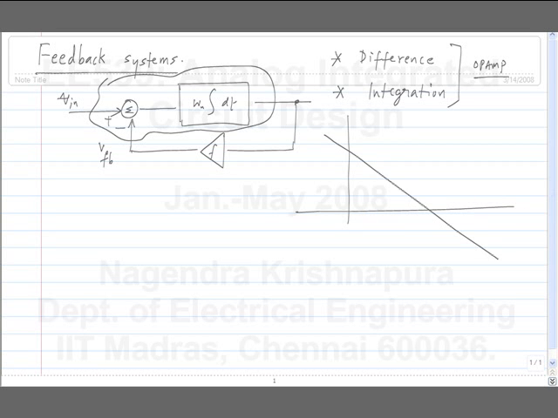So, ideally we would want the frequency response to be that of an ideal integrator. This is the frequency response between V in minus VSB and V out. This is the magnitude. In reality, at low frequencies, the gain is not infinity, and at high frequencies, the slope is more than minus 20 dB per decade.